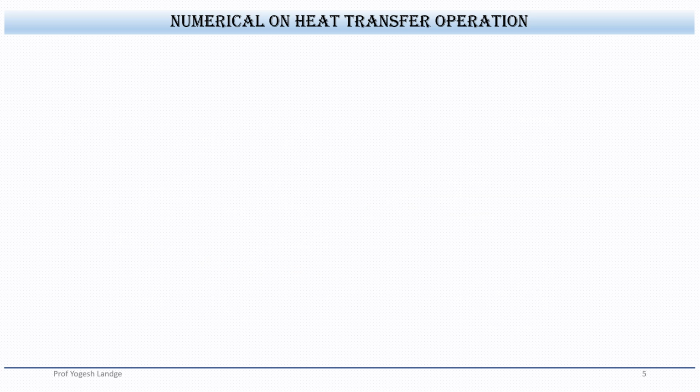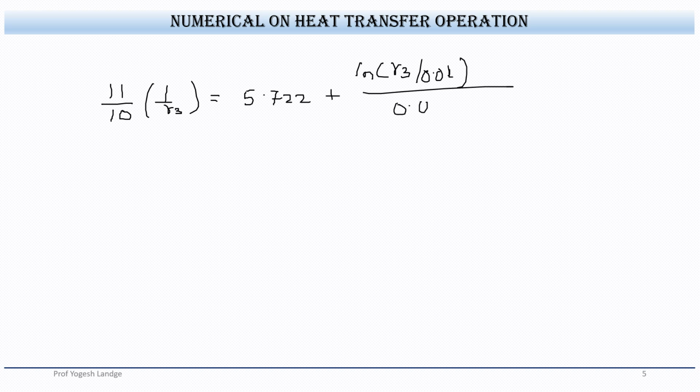Now we try to get the value of R3, and for that, after the simplification of this one, we just write down directly the formula, which is 275 by 25, this one is 11, so 11 by 10 in bracket 1 upon R3, which is equal to 5.722 plus ln of R3 by 0.01 upon 0.045.